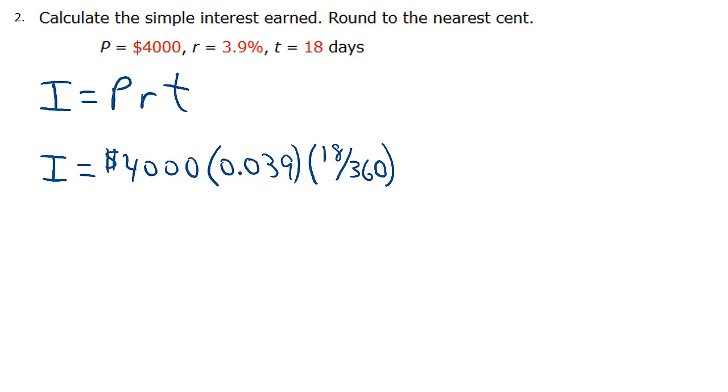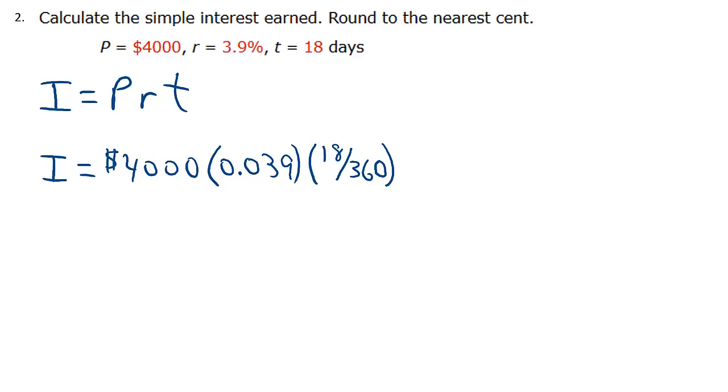The exact method, you divide by 365 because there are actually 365 days in a year. But we talked about the fact that unless it says otherwise, you should always use the ordinary method, which is assuming that there are 30 days in each month, which gives you a 360-day year. So unless it says the exact method, when you're doing simple interest, always use 360.